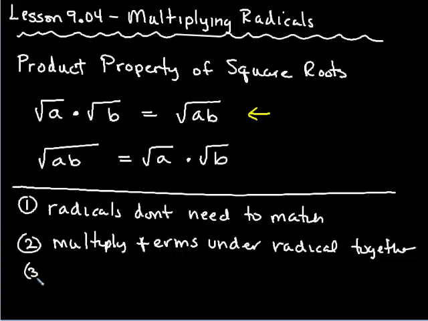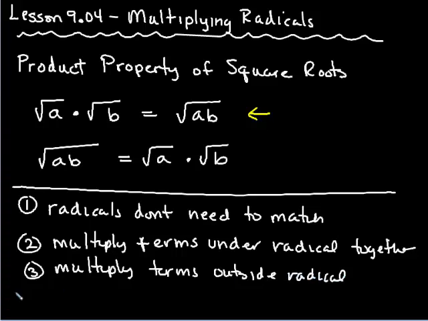If there are terms outside of the radical, we multiply those together. And then we simplify the radical.